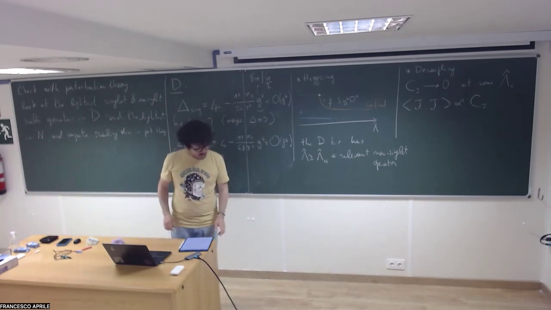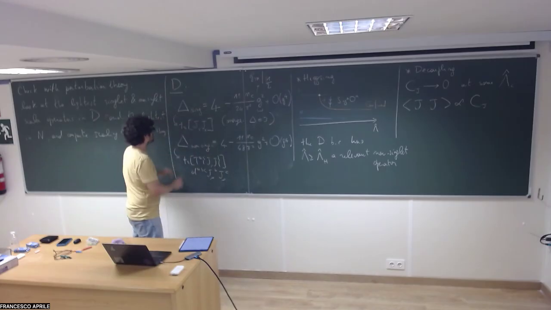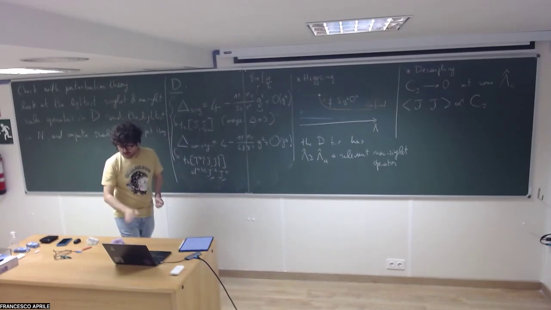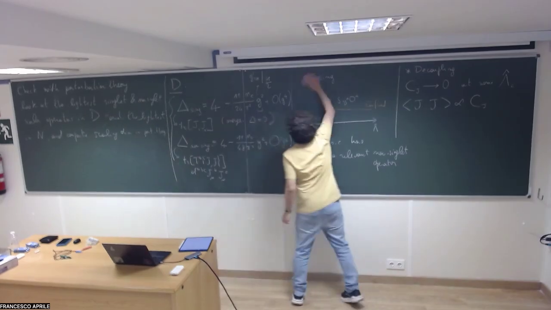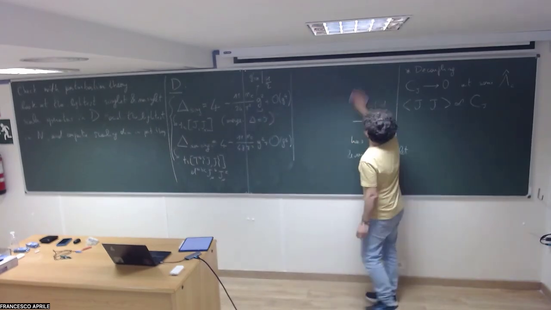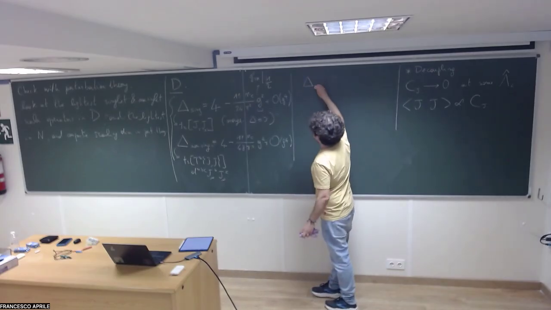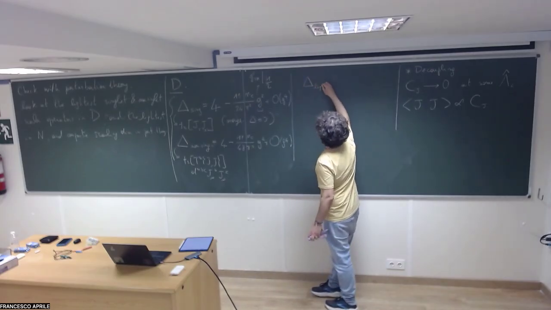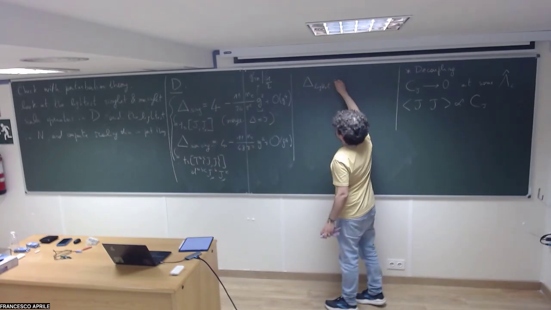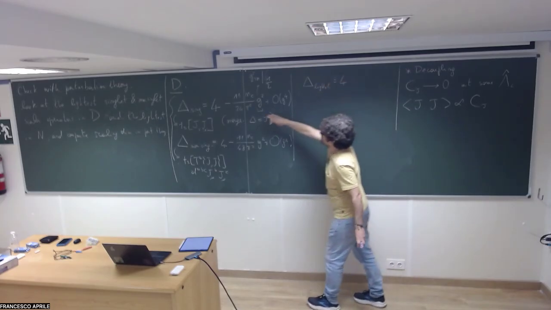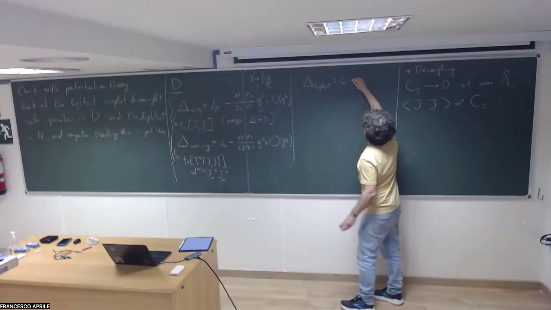Okay. What about Neumann? In Neumann, you do the computation and find the leading one. It starts from 4, and it has exactly the same number with a plus.